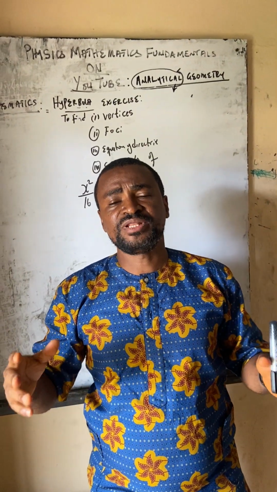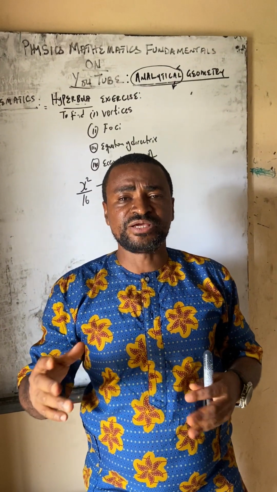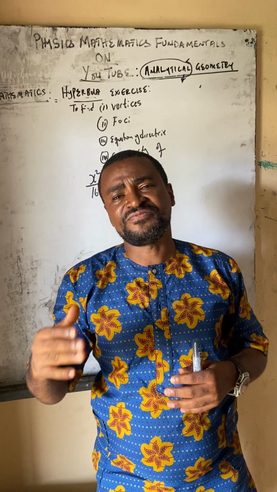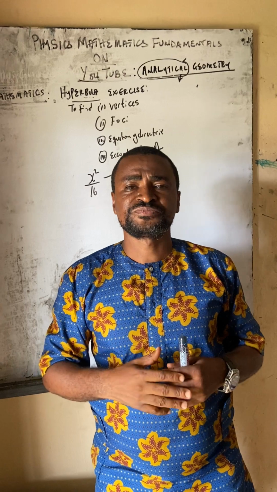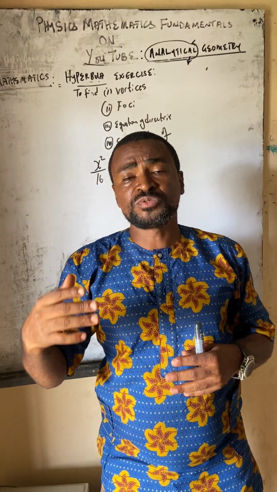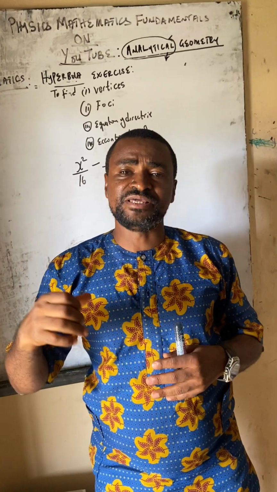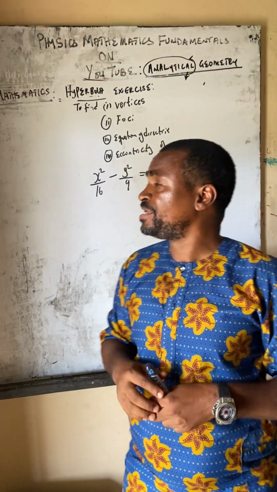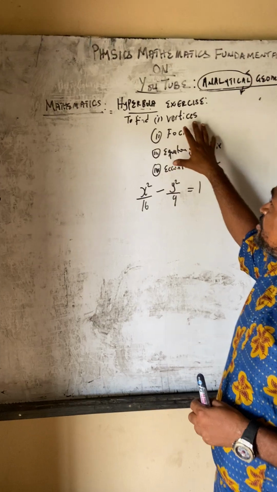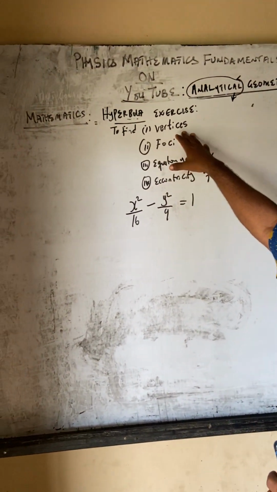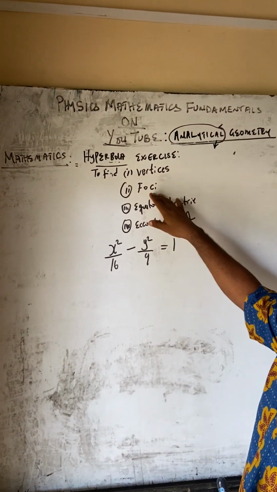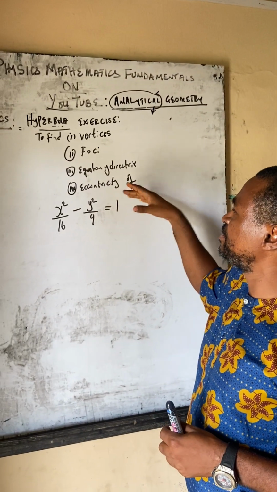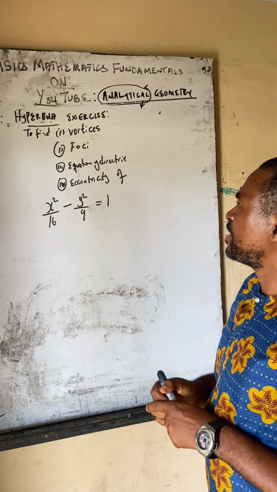There, you will also learn about the general equation of the conic section and how to identify a given equation to know whether it represents a particular conic section. Today we are going to discuss how to find the vertices, the foci, the equation of directrix, and the eccentricity of a conic section.